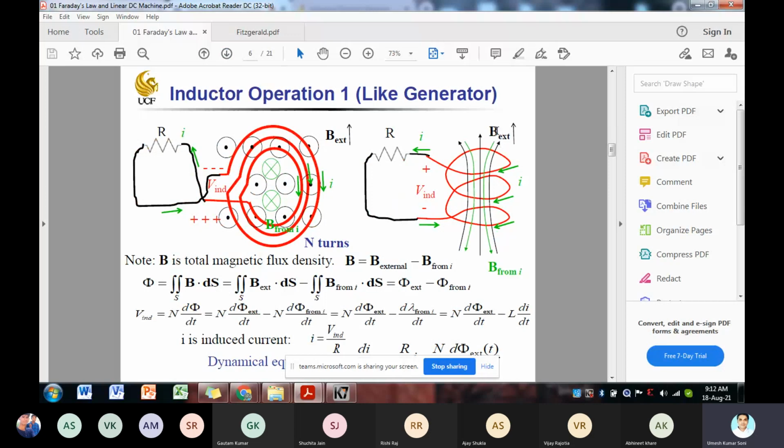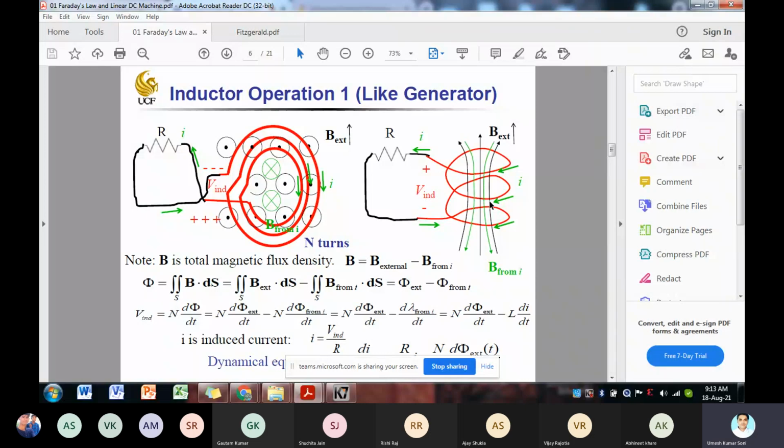So you can see the external field B external is in the upwards direction, and to oppose this B external, the coil will try to set up a magnetic flux density B from I in the downwards direction. So for the downwards direction, the N pole should be downwards in the coil.